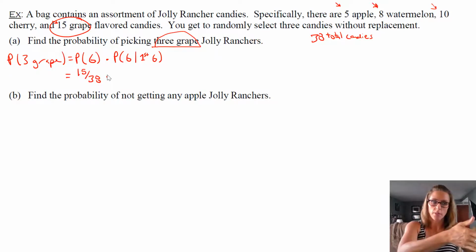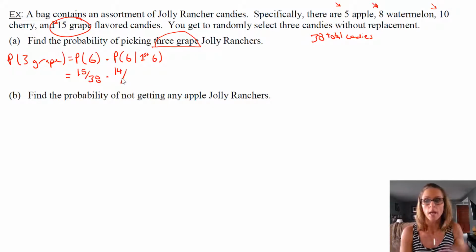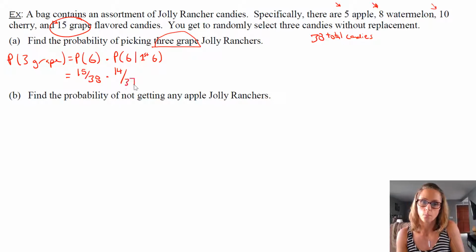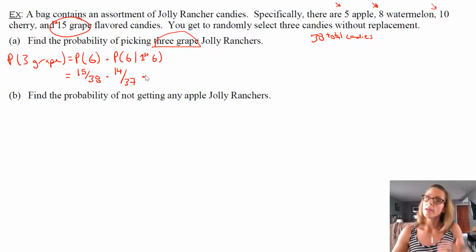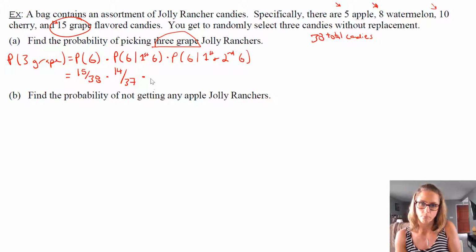With the grape now set aside, we only have 14 grape left, and we also have to think about how many candies we have left in the bag. Because we're pulling out 3 candies, we have 3 events. We also want the probability of a grape given that the first and second are grape.